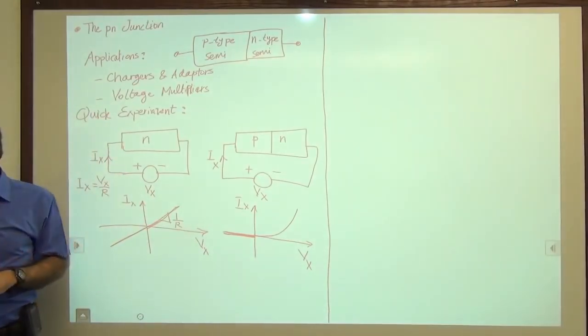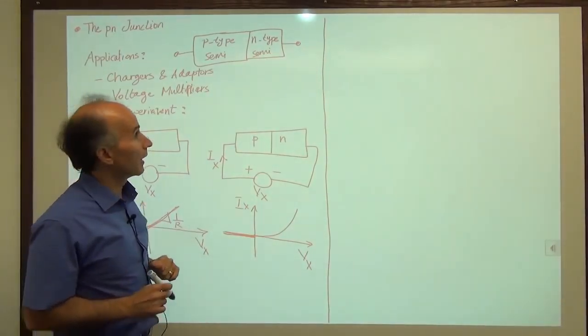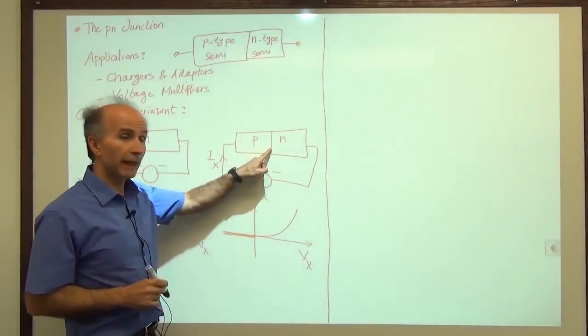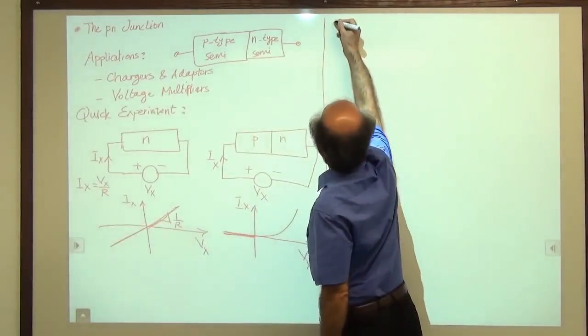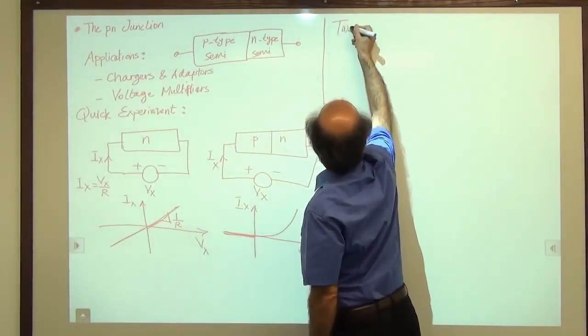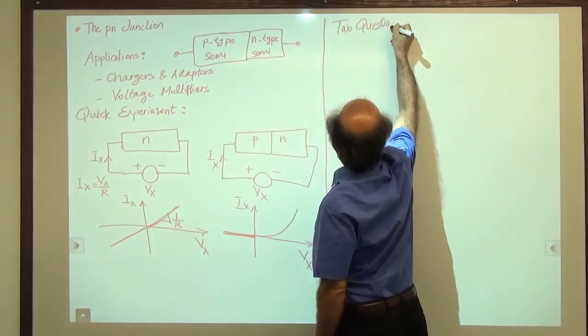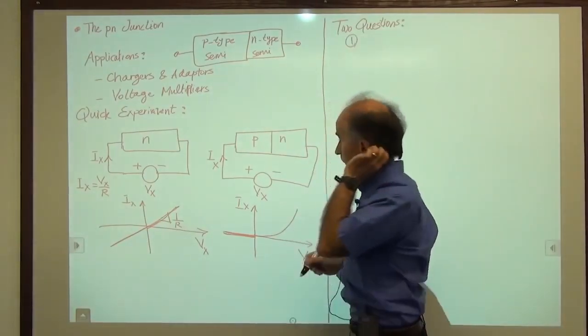All right, so I would like to raise two questions that we need to answer to understand how a p-n junction operates. So let me write the two questions here. Question number one.